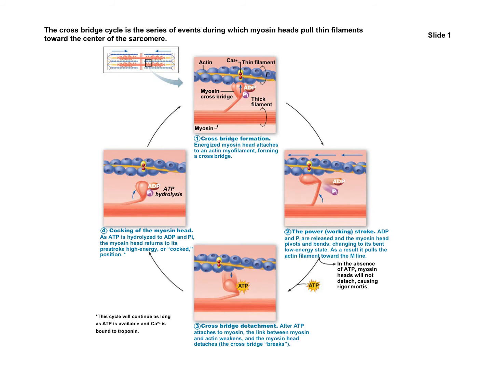Crossbridge formation or binding, right? That leads to the power stroke, bending. We have to then disassociate myosin from actin, utilizing ATP. That's the breaking.